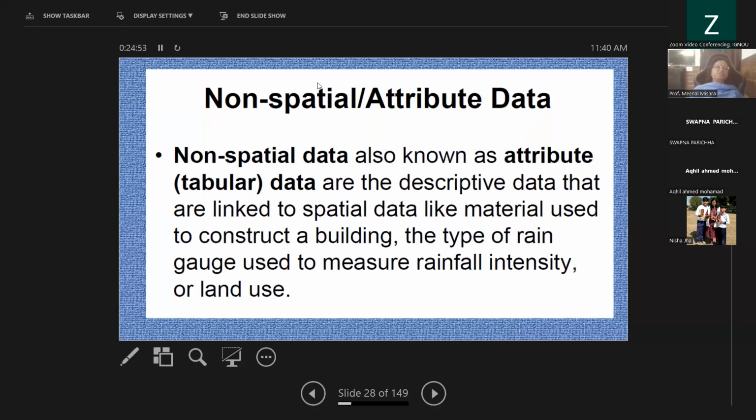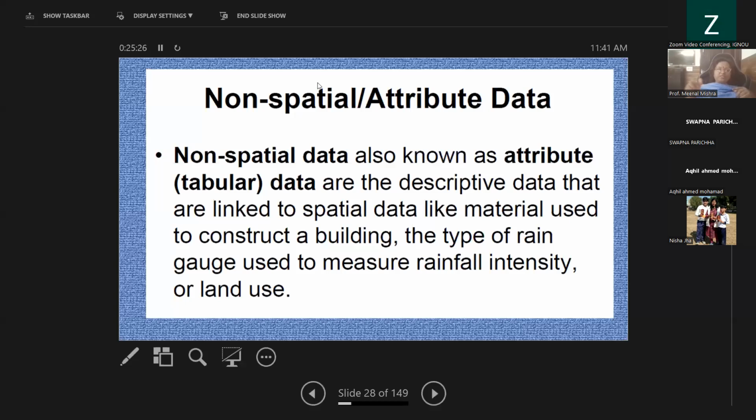Now there is one more term, non-spatial. What is this non-spatial or attribute data? We also call it tabular data. See, there are certain terms which are used to describe the data. Suppose you are sitting in your office. Now, what is the material used for the construction? What is the color of the walls?